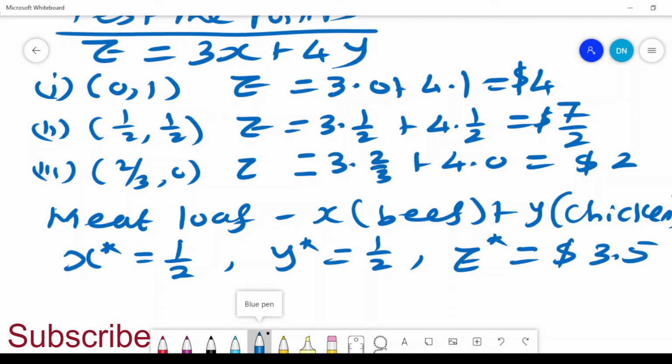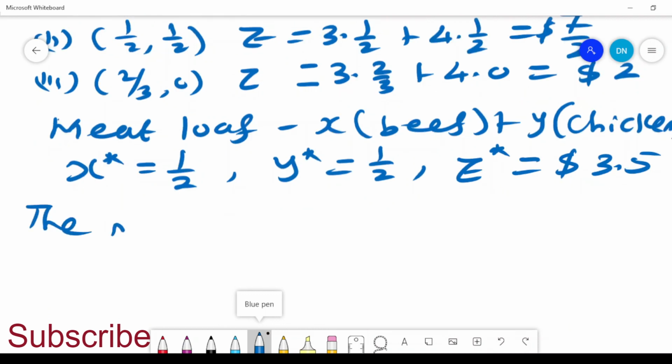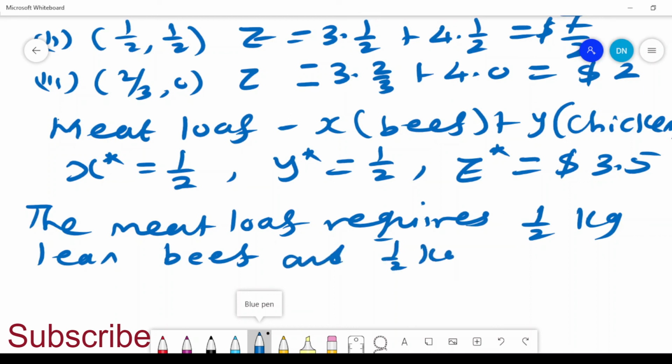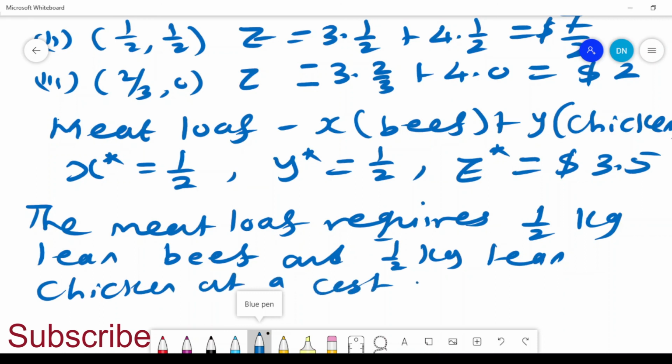So that is the minimum cost. The meatloaf requires half kg lean beef and half kg lean chicken at a cost of $3.5.